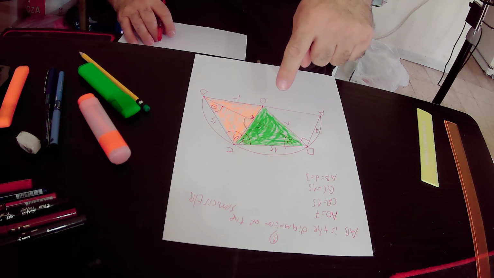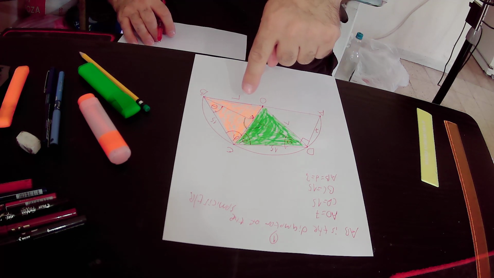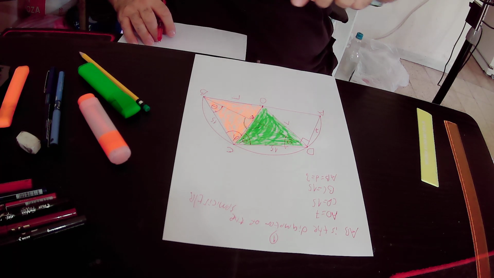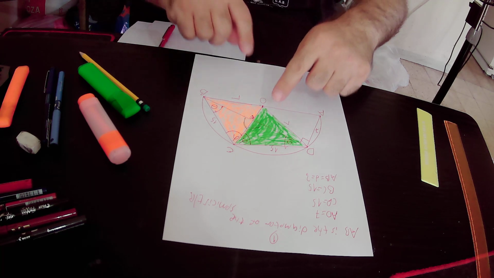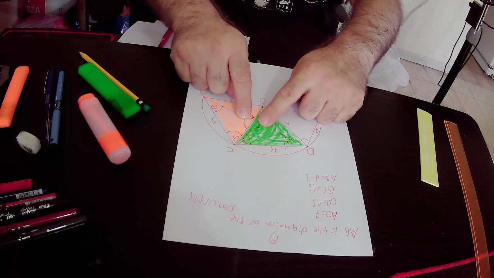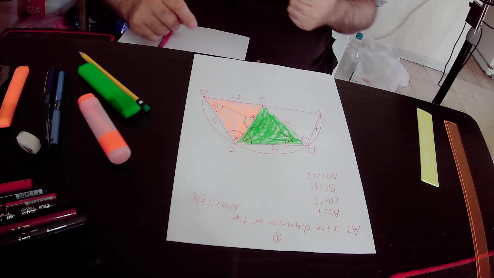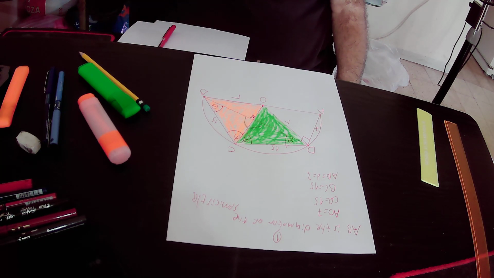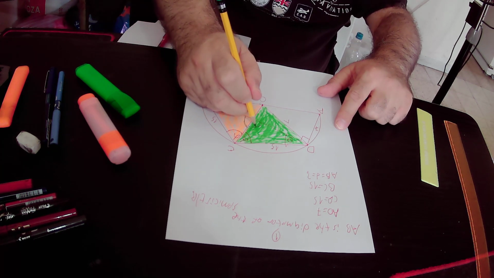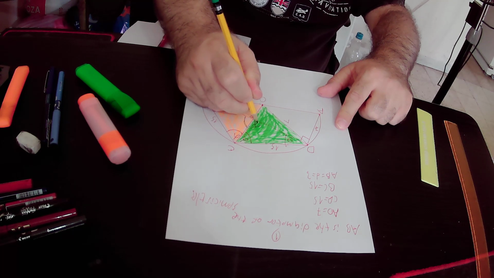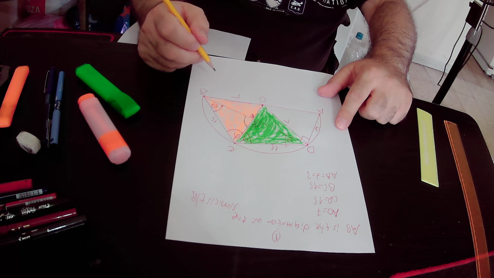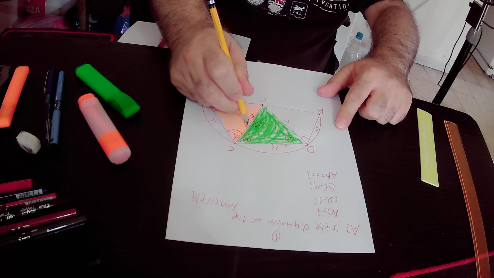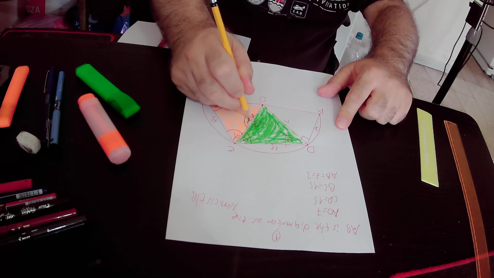The green triangle, triangle CED, is congruent to the orange triangle, triangle CEB. Therefore, the corresponding angles are also equal to each other. So, if we define angle CED as x, then angle CEB will also be equal to x because they are equal to each other.